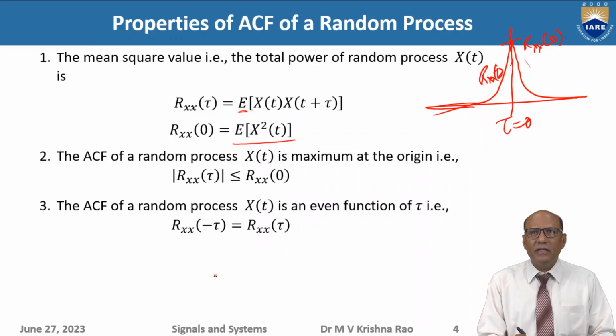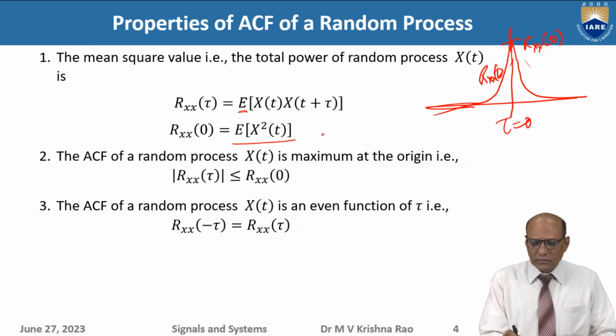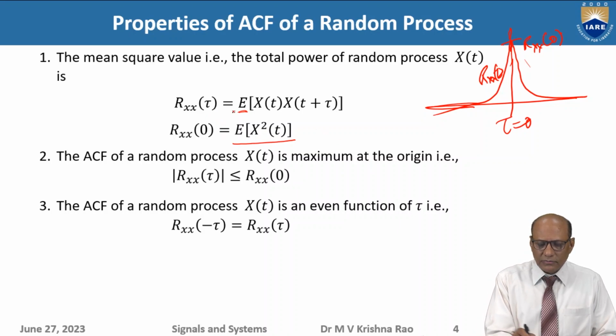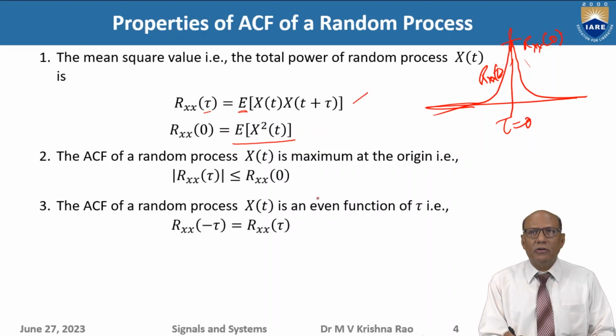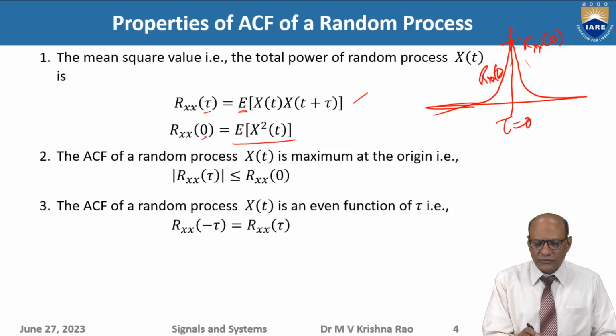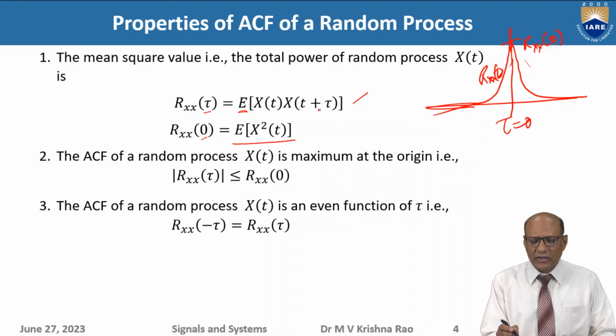So what is x square? X of t multiplied by x of t. That is because in the expression for the autocorrelation function, I am substituting tau equal to 0. So that is R of 0, which is x of t multiplied by x of t, x square of t.